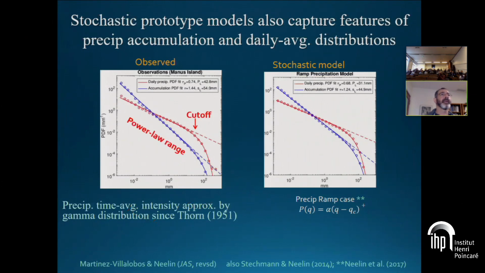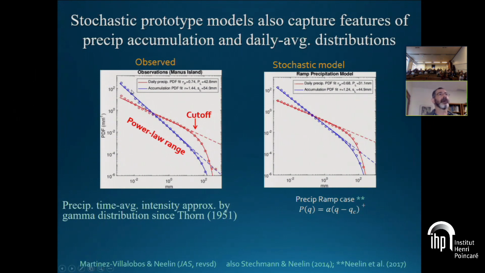Okay, so on the left is the observed. I showed this in the intro in the second slide. Distributions on a log-log plot of the probability of getting different sizes of precipitation events. The blue line with the steep drop in the power law range here is the distribution of the accumulation, so rainfall integrated from when an event started to when it stopped.